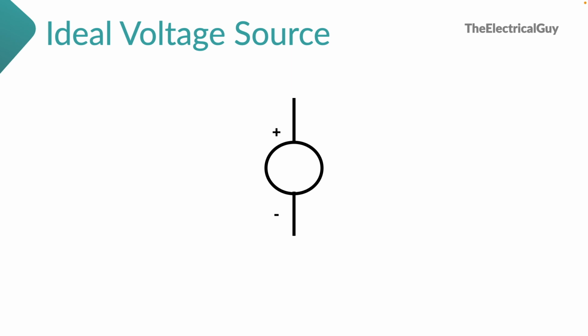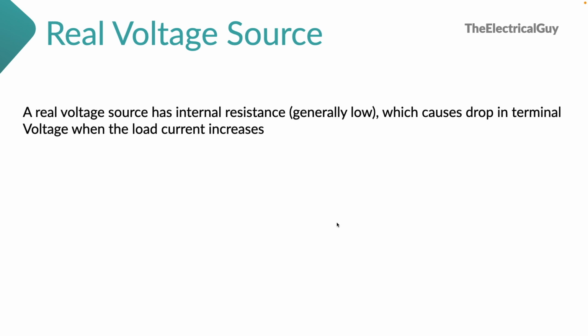Now let's explore the real voltage source. The real voltage source has internal resistance, which is generally low, which causes a drop in terminal voltage when the load current increases. So for sure, as I said, a real voltage source will have some internal resistance, which will cause the terminal voltage to drop as and when the load increases.